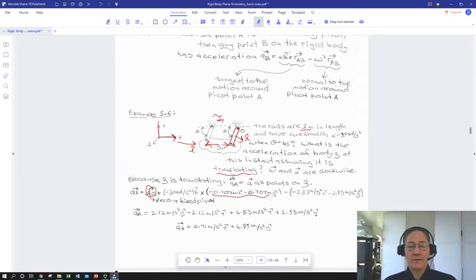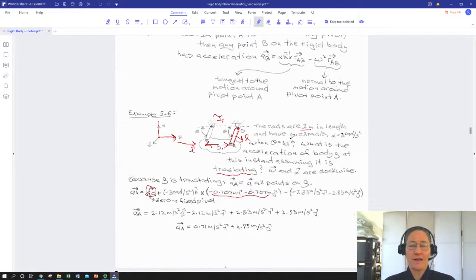And this is our first term, so we've got our angular acceleration of our connector in the k-hat direction crossed into our ROA. So were we given that?